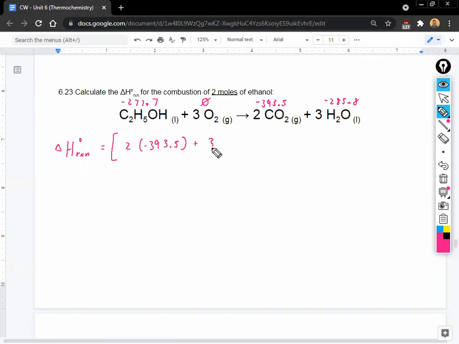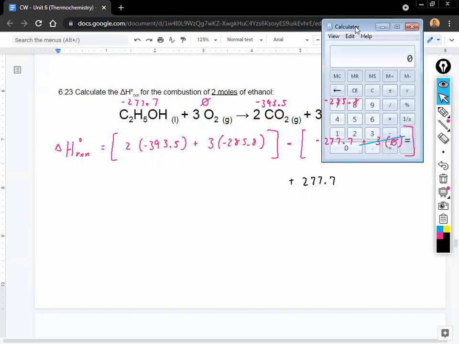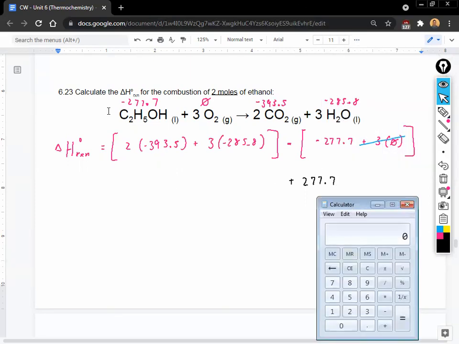We got 3 moles of negative 285.8, and then we are going to subtract from that the reactants, which is going to be 1 mole of ethanol, which is 277.7, and then we're going to combine that with 3 moles of oxygen, which is 0. So we can just ignore that, and this back part will basically just turn into plus 277.7.